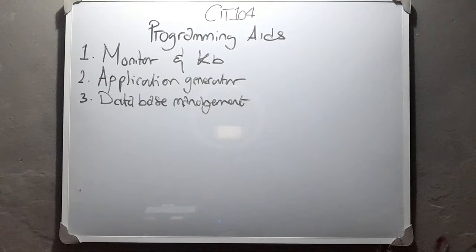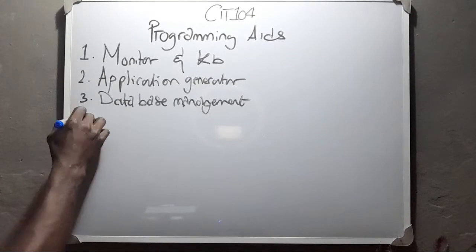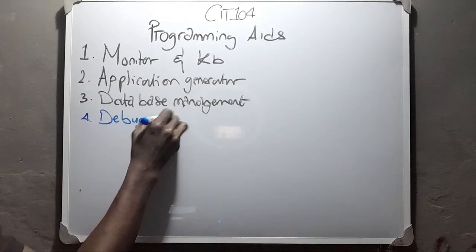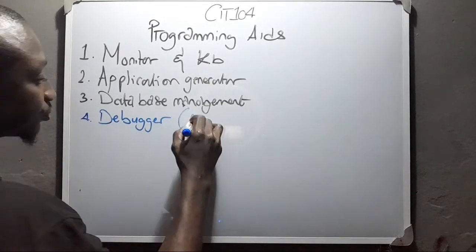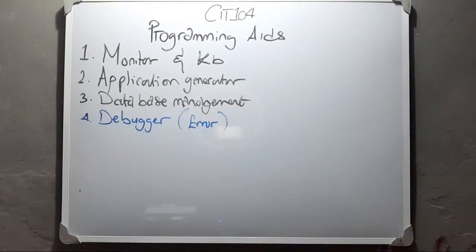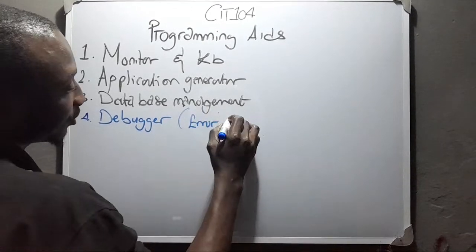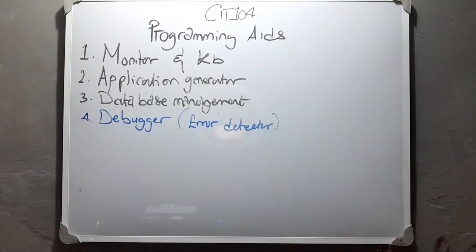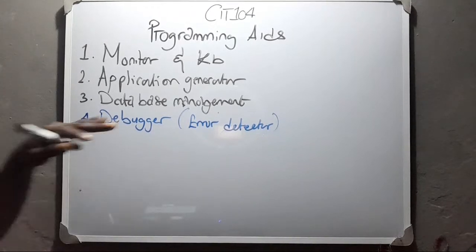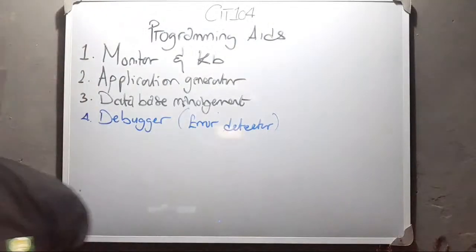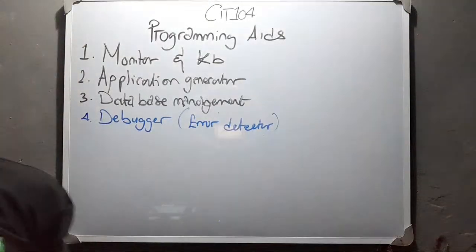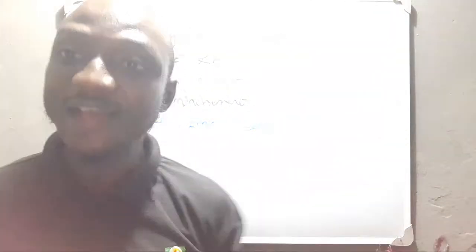And we also have what we call the debugger. Okay, I think I'm missing something. Detector. Now, the debugger is responsible for detecting errors. Basically, that's what it does. We have something called bugs in tech. It's a normal thing. It happens a lot.